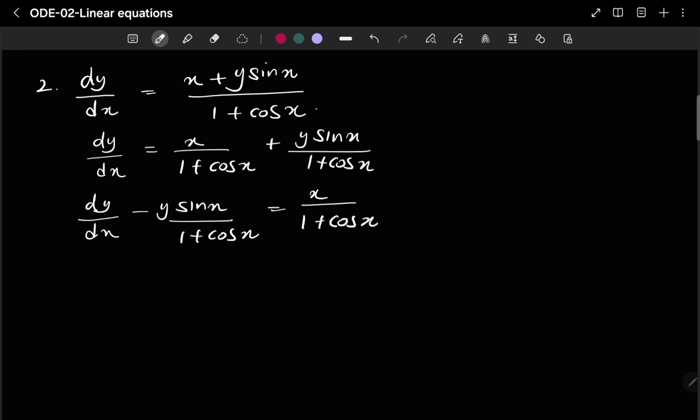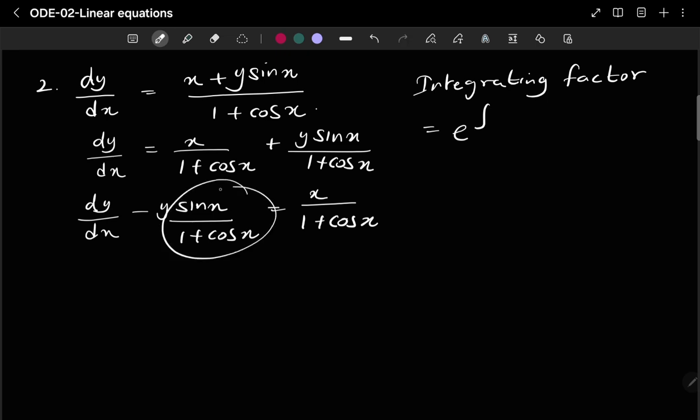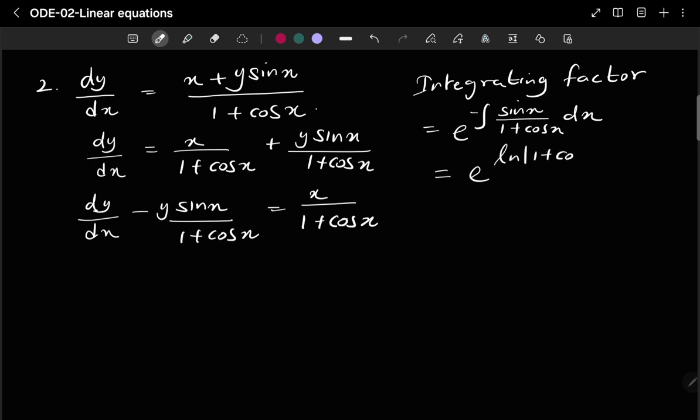Here we identify the integrating factor: e to the power integral of minus sin x over 1 plus cos x dx. By simplifying we get ln of 1 plus cos x. So we get the final answer of the integrating factor as 1 plus cos x.